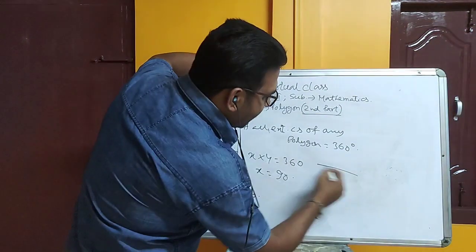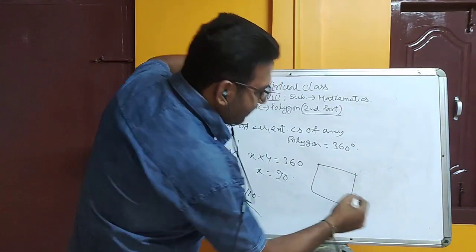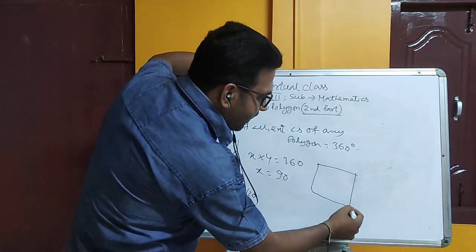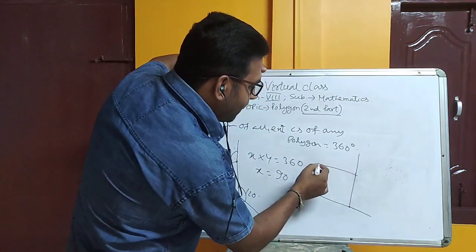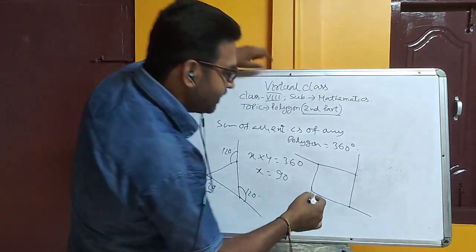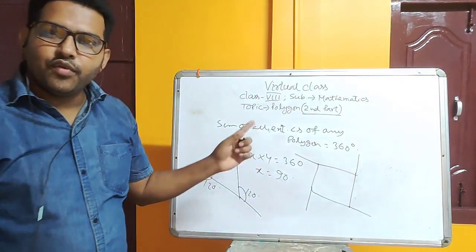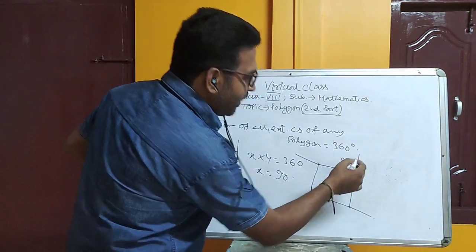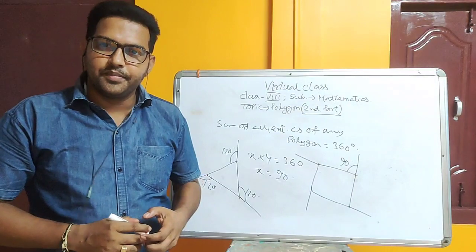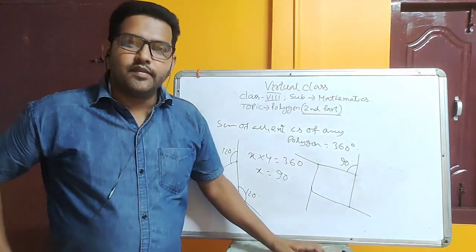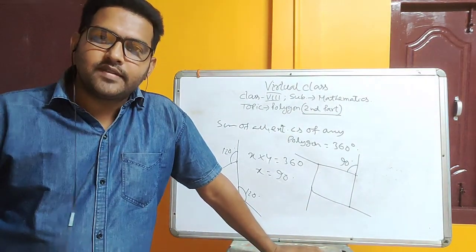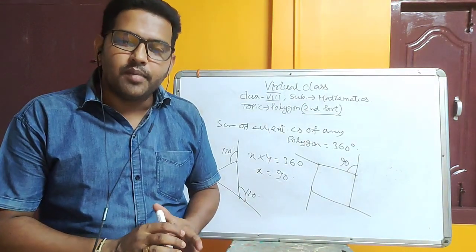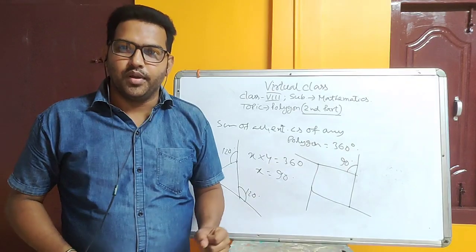Means if I construct a square, which is the regular quadrilateral, and extend or produce 4 sides, then I will find 4 exterior angles, and each exterior angle will be of 90 degree. Got this? Similarly, we can find the measure of each exterior angle of a regular polygon using this formula.